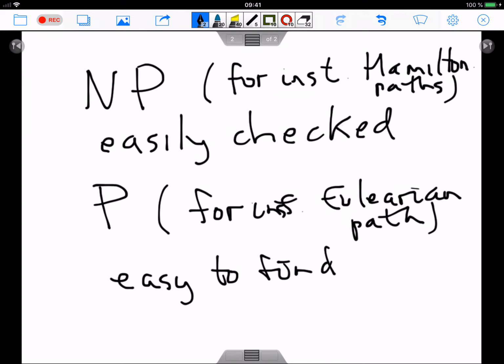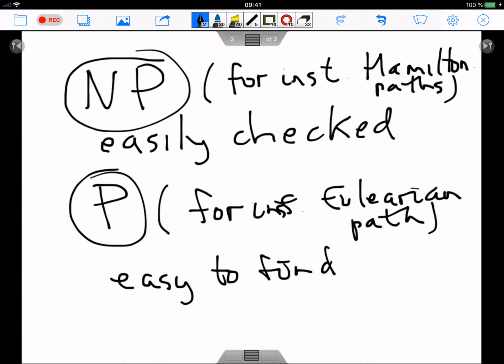We have P, which are those problems that we can solve in polynomial time in an efficient way, in a fast way. And then we have those problems that we can solve in a fast way, but only if we have a non-deterministic machine.